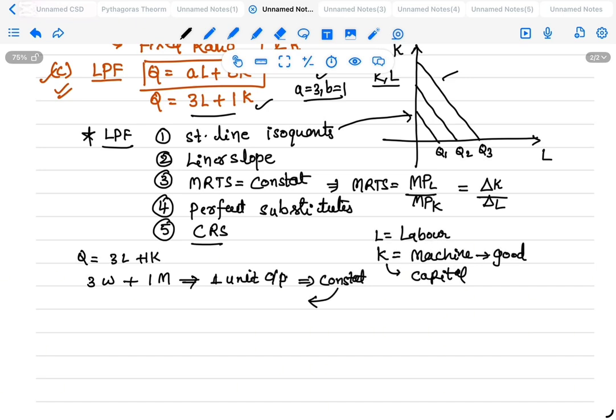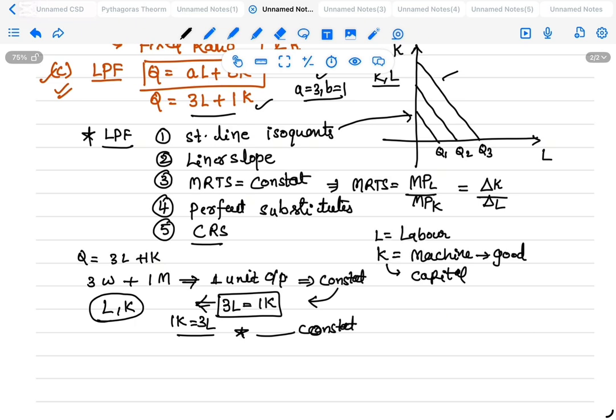When the output is constant, we can substitute 3L equals 1K. That is, we can replace L with K and K with L. L and K are both substitutable. We can replace 1K with 3L or 3L with 1K, and the output is still constant.